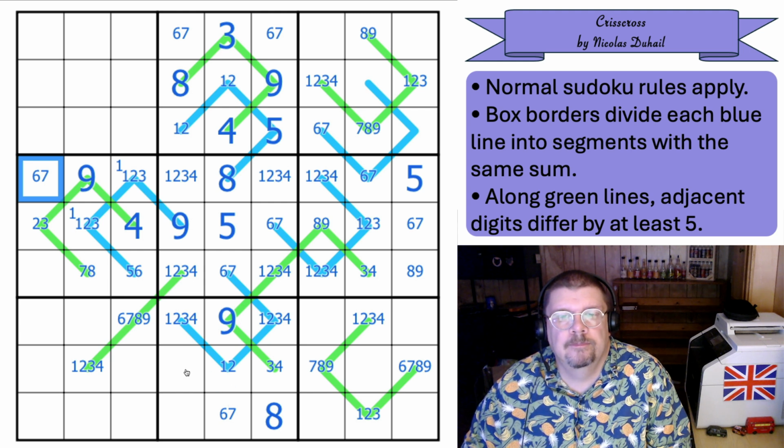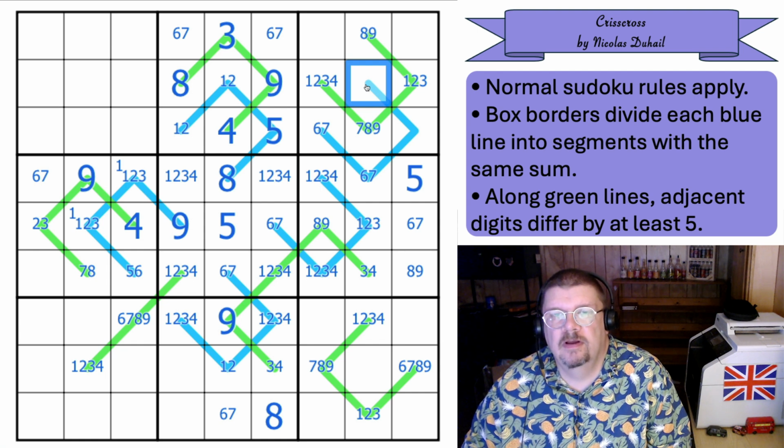Okay. This digit here has to be at least 5, but if that's 5, from the column, it sees 1, 2, 3, and 4.